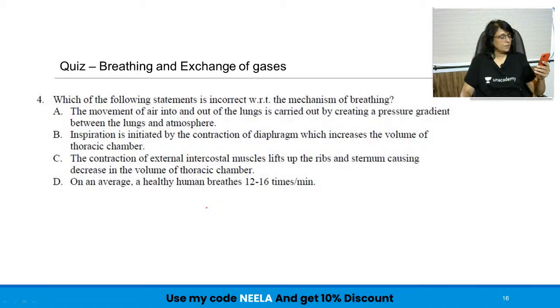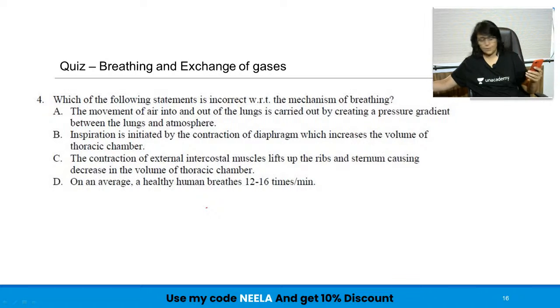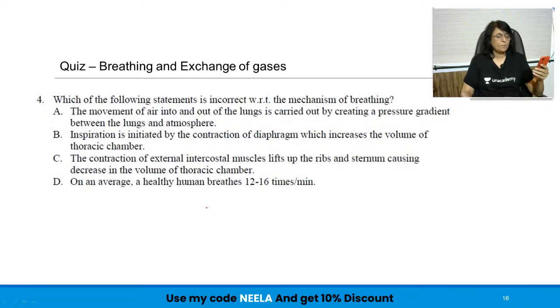Fourth question, Reena says C. Ayush, Kavipriya also are saying C. Zara, Darshini also are saying C. Anju C. Okay, Alpa also says C, which is the correct answer.